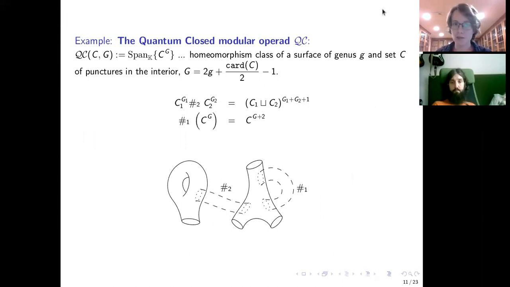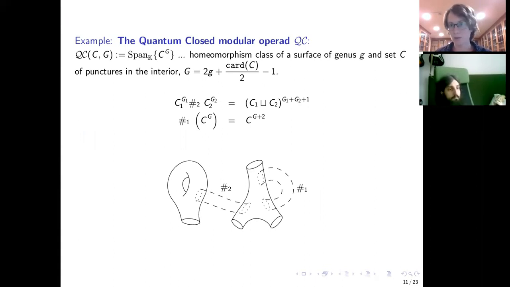So the basic one with the closed modular operad is, for the closed strings, the operad which is capturing them, called the quantum closed modular operad. The notation is kind of obvious.